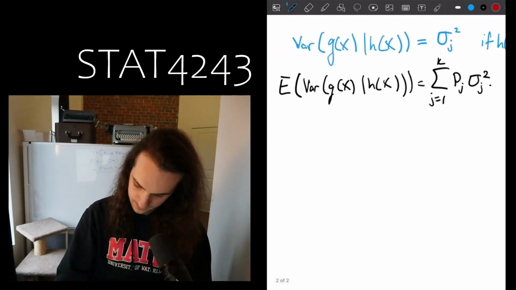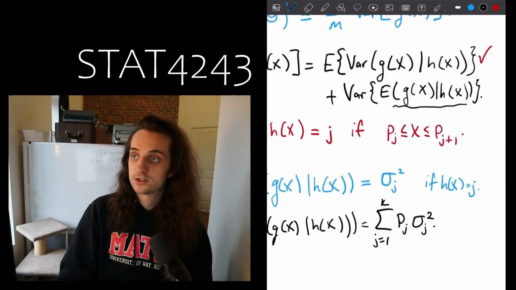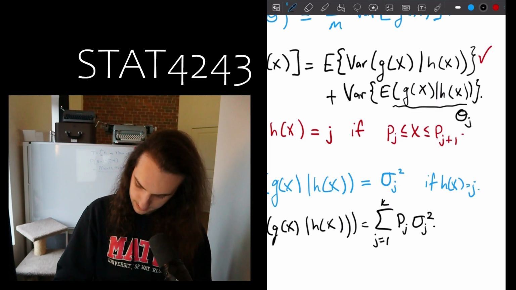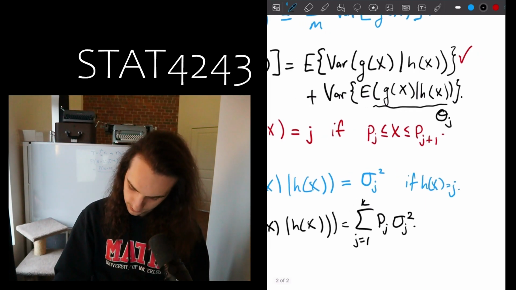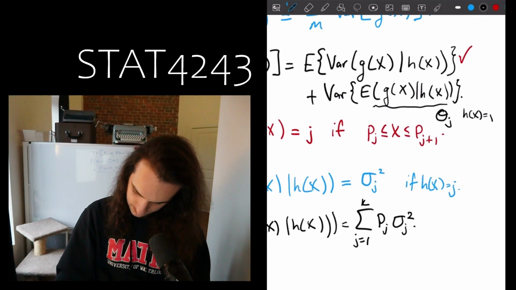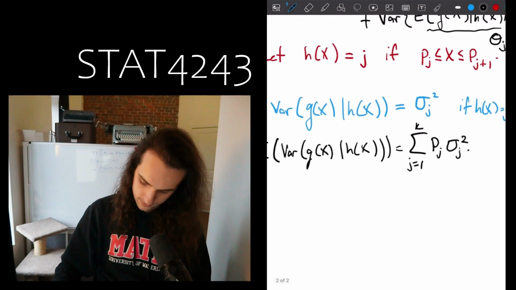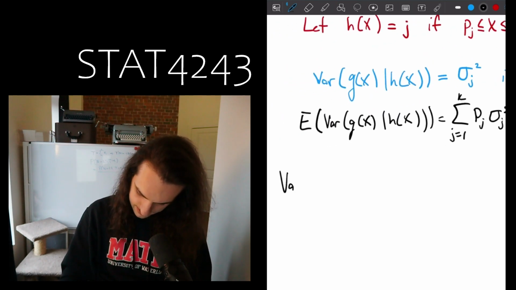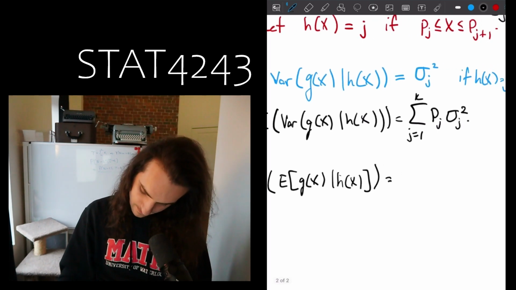If we define this to be theta j, the expected value of g of x on the jth interval, so this is where h of x equals j, then the variance of the expected value of g of x given h of x is, once again, a summation where we sum over the possible values for h of x.